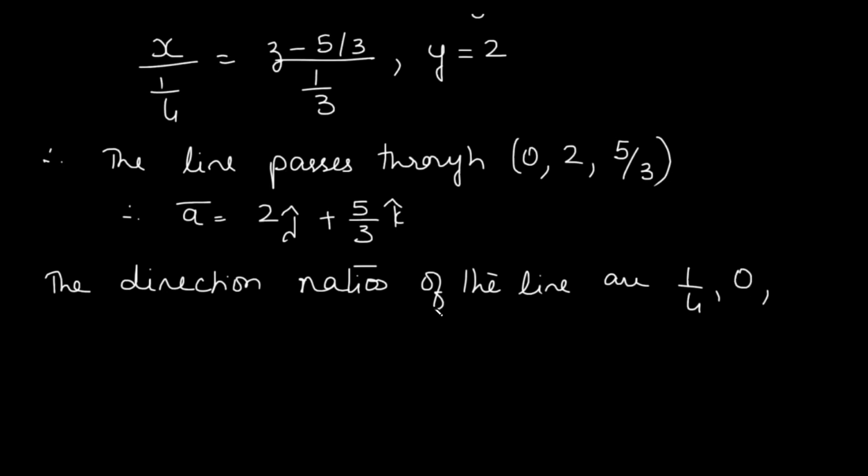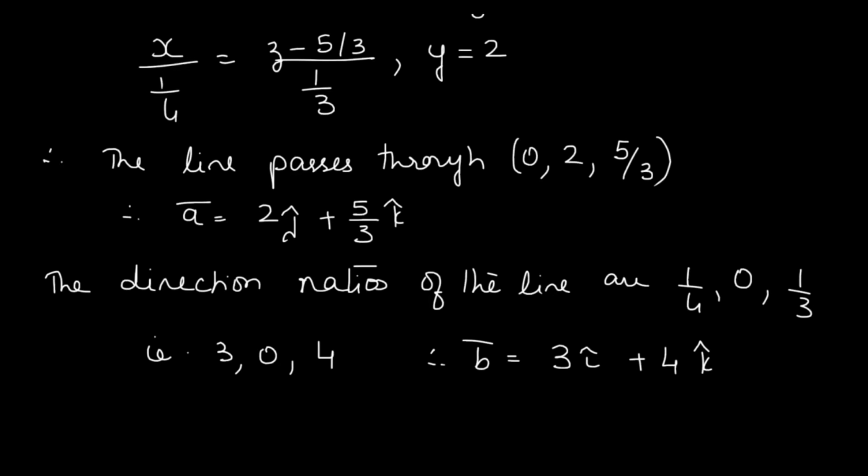And 1 upon 3, we can cross multiply with 4 and 3. So we get 3, 0 and 4. These are the direction ratios of the line. So therefore from this we get b bar is equal to 3i plus 4k.